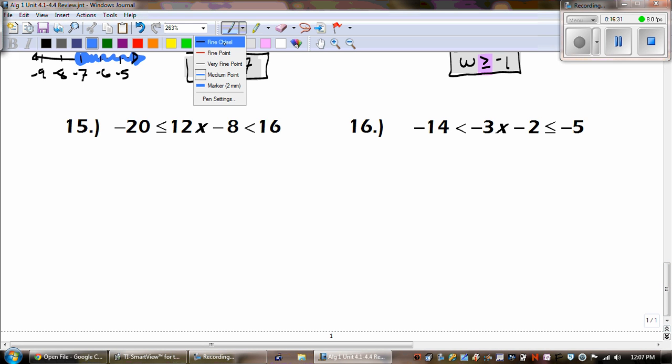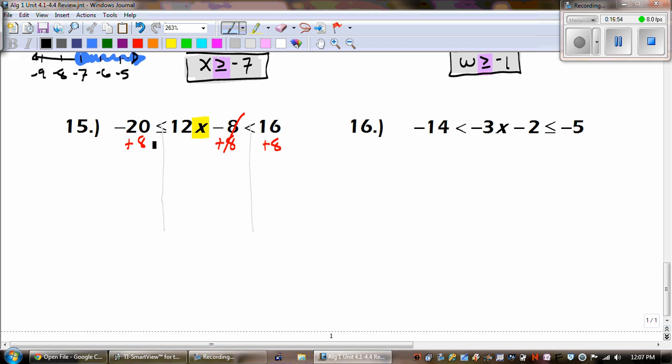Now, don't get freaked out on problems that look like 15, okay? We're going to draw the lines down both inequalities, and our goal is to still solve for x. So the first thing that I would do is add 8, but when we add 8, we do it to all the sides, okay?